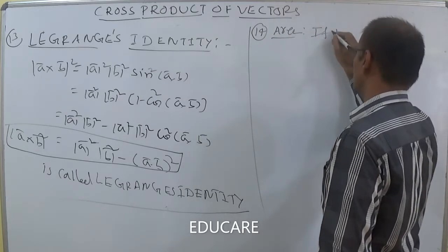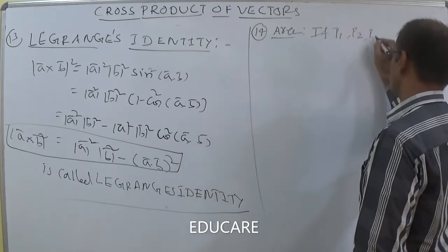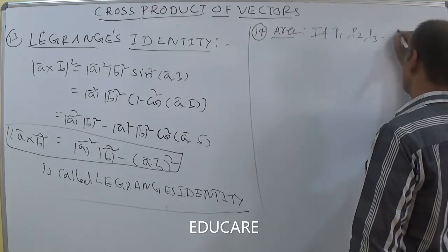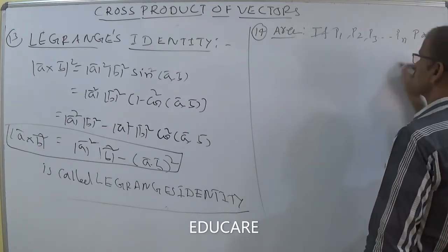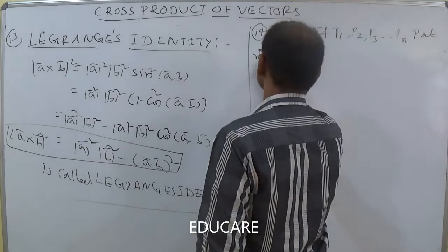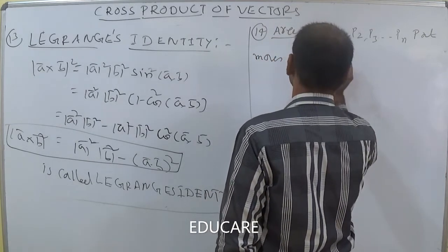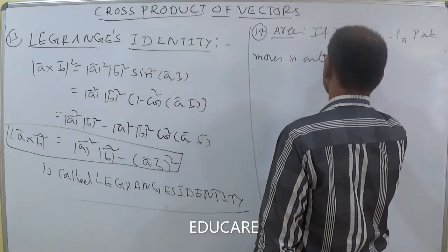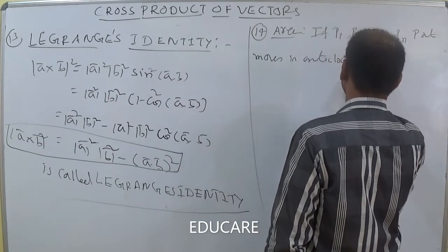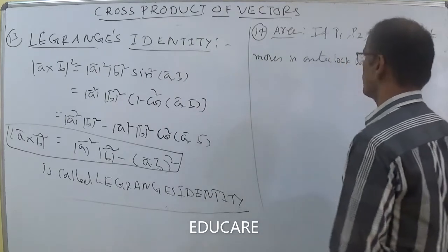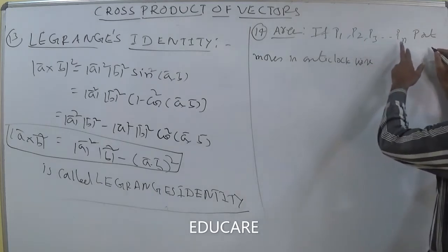Let us discuss: if points P1, P2, P3, and so on up to Pn move in the anti-clockwise direction. To indicate the angle, anti-clockwise should be there.